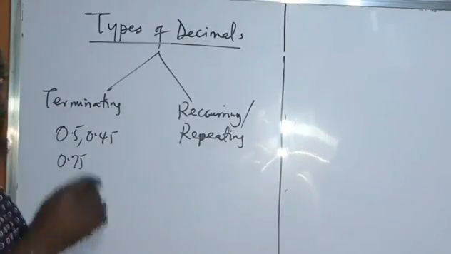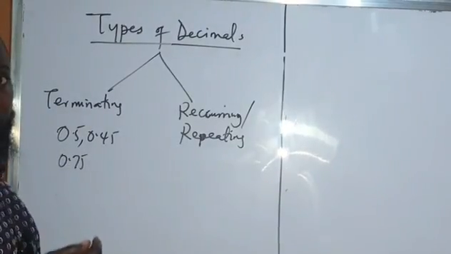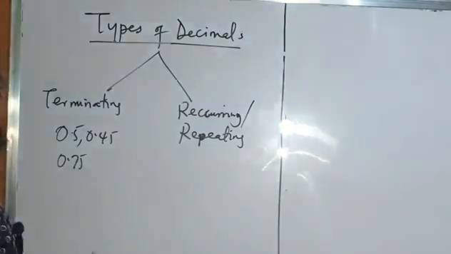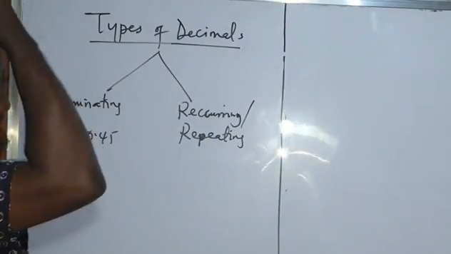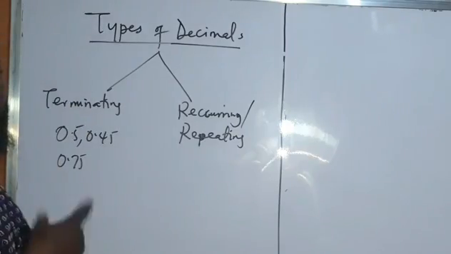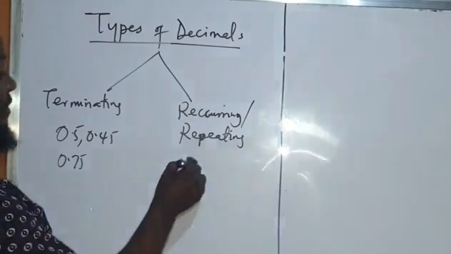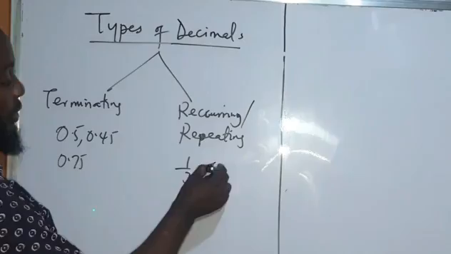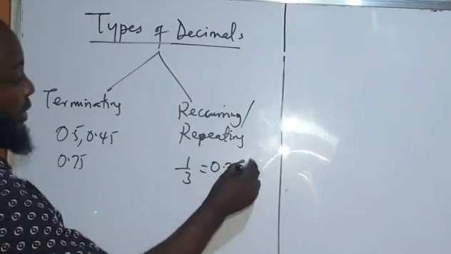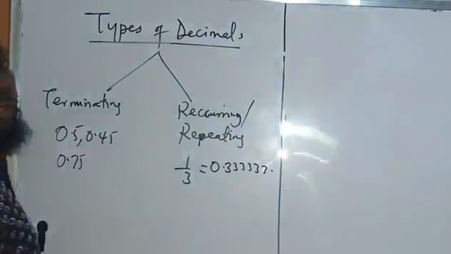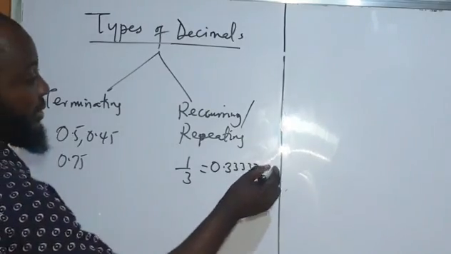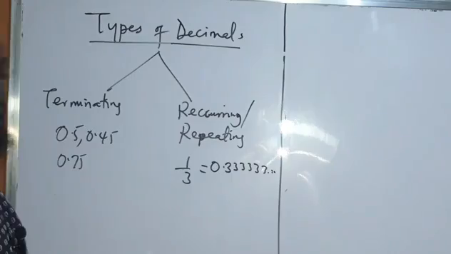But recurring decimals are decimals where the numbers are repeating. It has no ending. It just continues. That's when you have 1 over 3, the answer will be 0.33333, and so on and so forth. It will continue like that. That is recurring or repeating decimal.